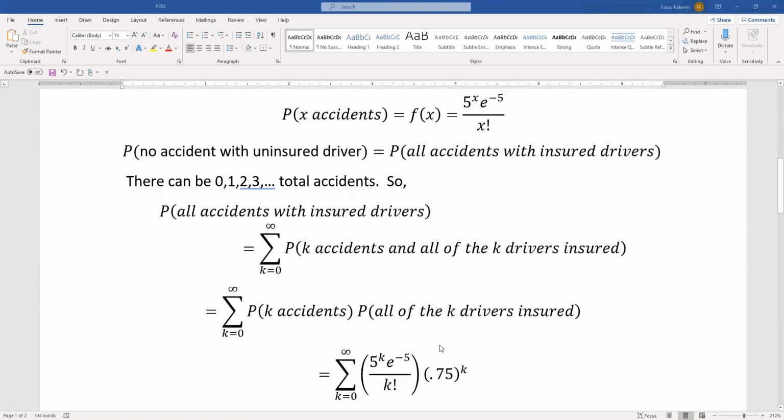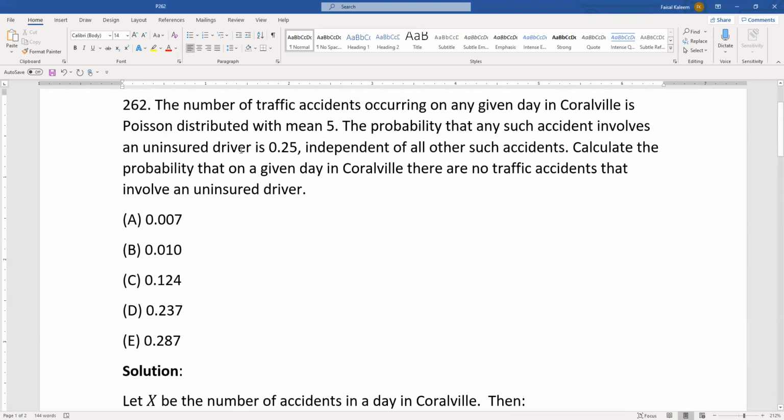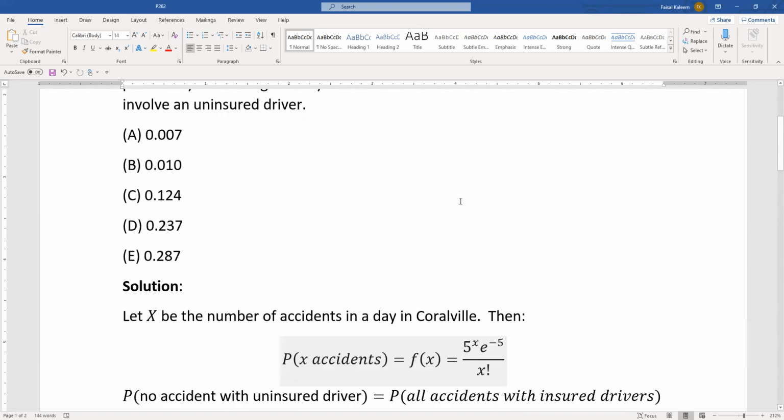So the probability of k accidents is the f of k according to Poisson: 5 power k, e to the negative 5 over k factorial. And the probability all the k drivers insured is 0.75 power k. So let's do one more step here. We are given that the probability that the driver is uninsured is 0.25.